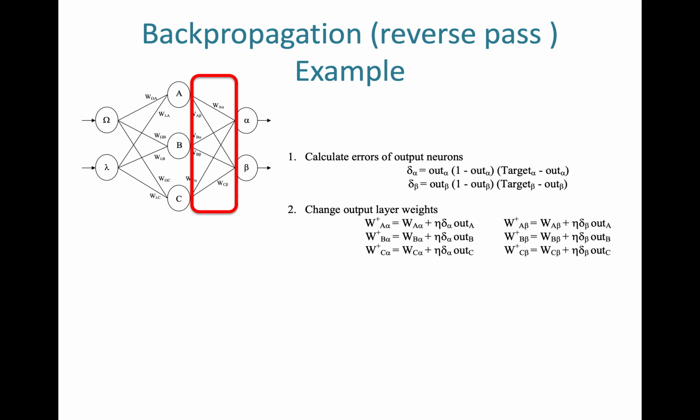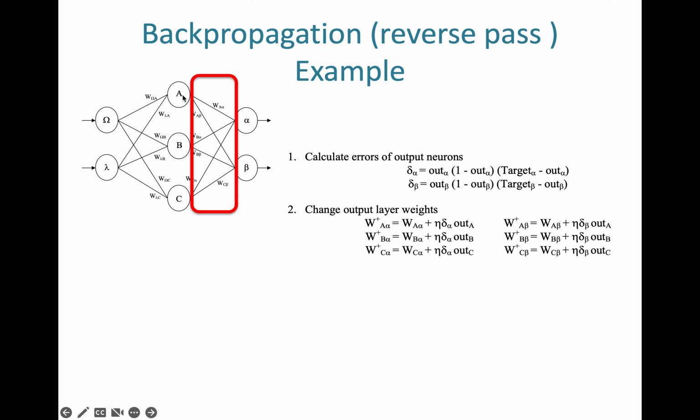So what we are doing here basically is saying that this weight, W A alpha, is going to be modified based on the prior value that it had, but also taking into account the output value of this neuron A that goes to alpha, and the error associated to that output.